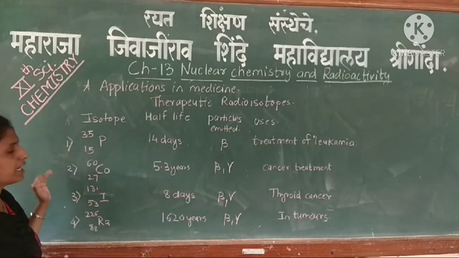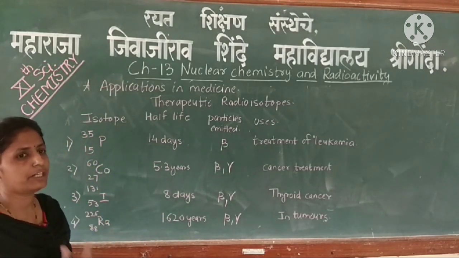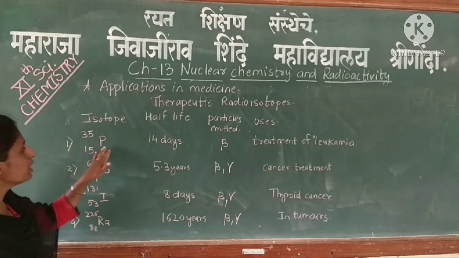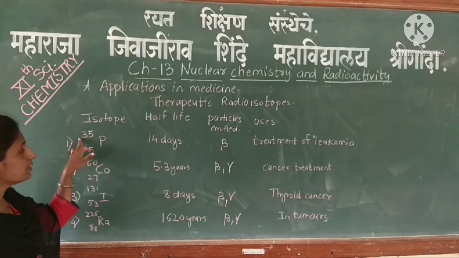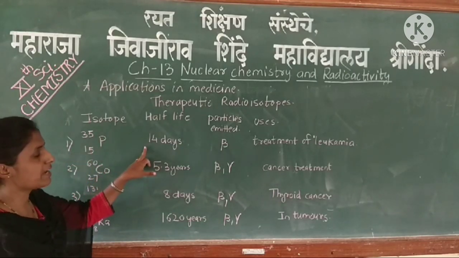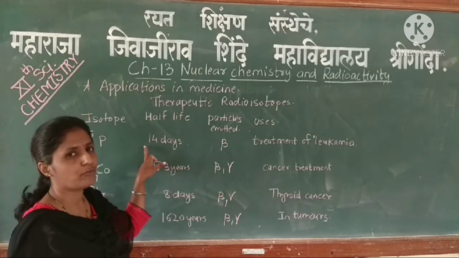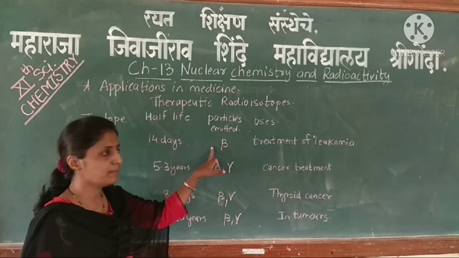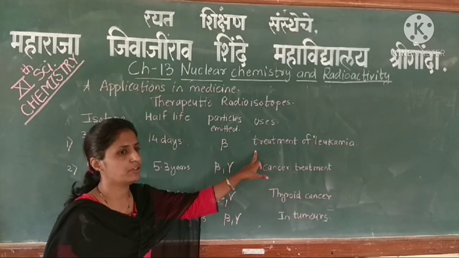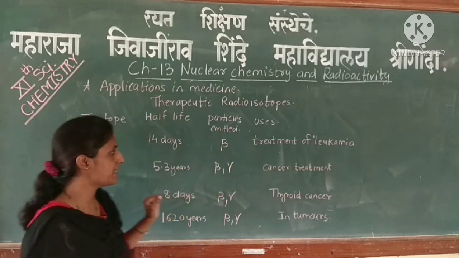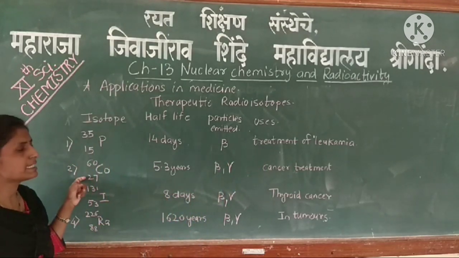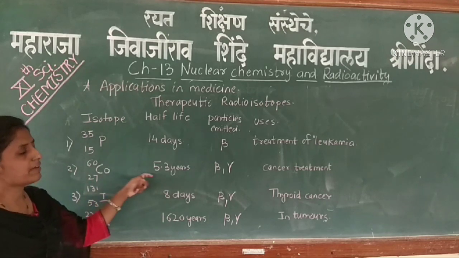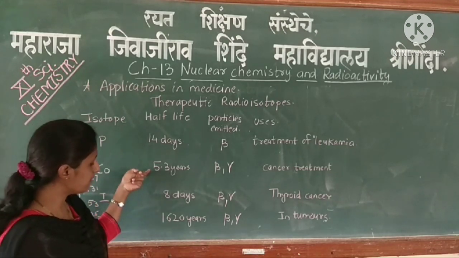So let's see which isotopes are used for the treatment of different types of cancer. Now phosphorus 35. This isotope has a half-life period of 14 days, it emits beta particles and it is used in the treatment of leukemia, that is blood cancer. Now cobalt 60. This isotope has a half-life of 5.3 years.